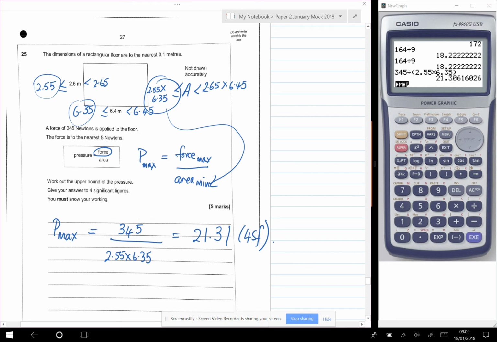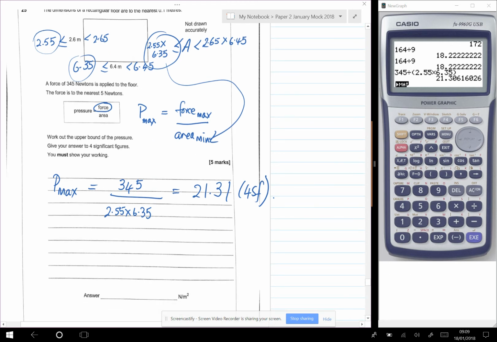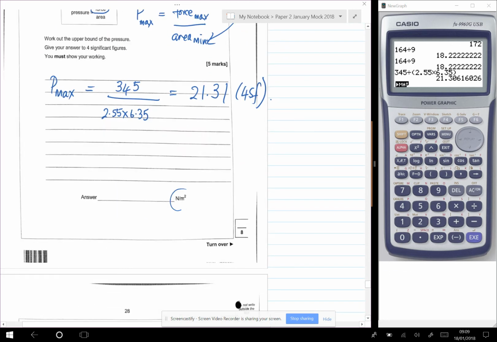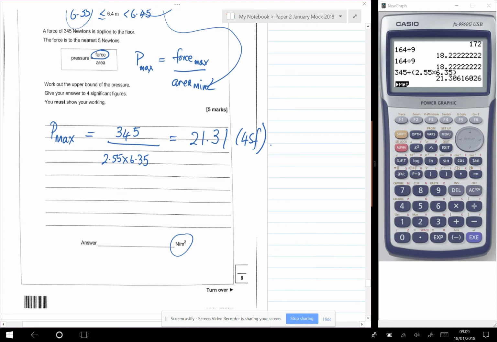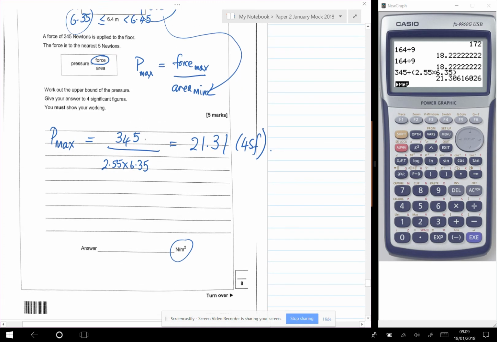Now, the pressure, we should write the units as well. Oh, they've given us the units here. That's fortunate. Now, if we didn't know the units, we know that force is newtons, and area is meters squared. So that's where we get newtons divided by meters squared, newtons per meter squared here. Just in case you were asked to do that in the summer. 21.31.